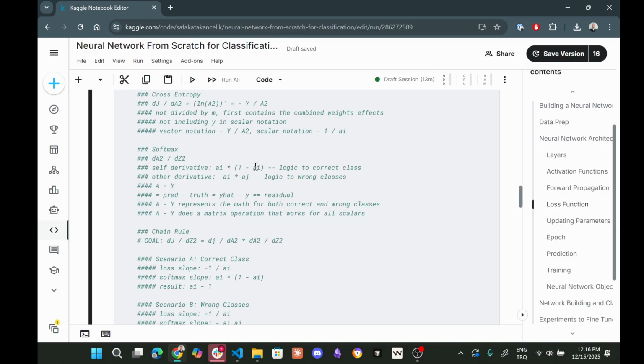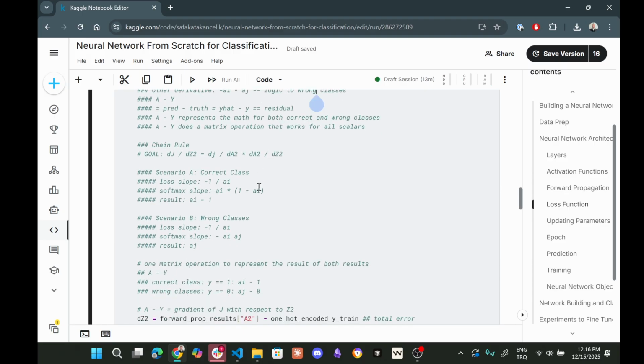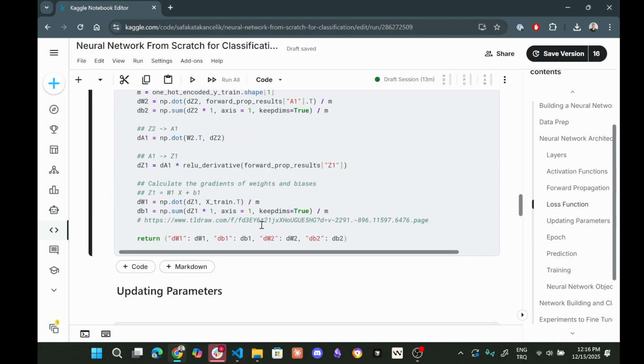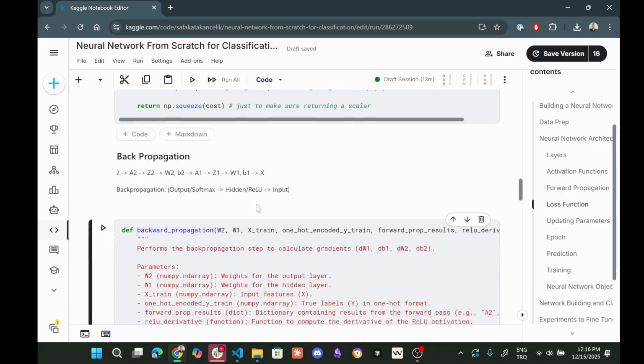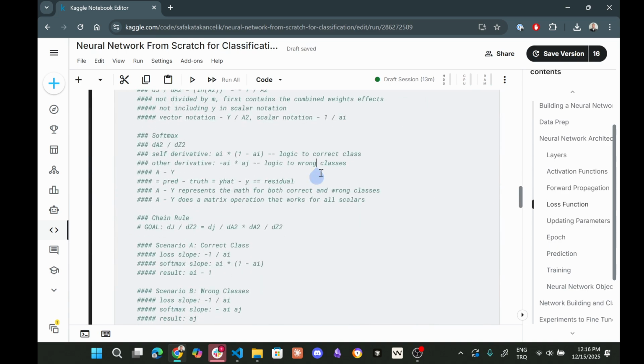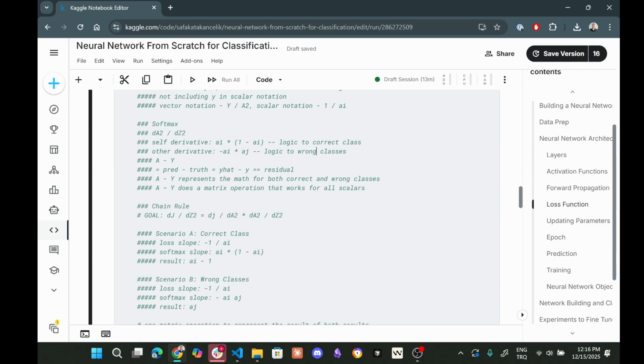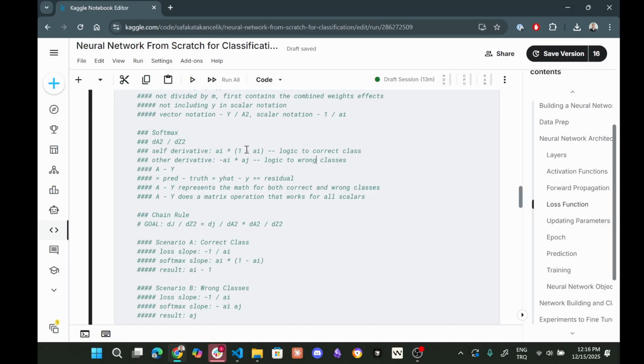When I run the math, and it's not too hard, some notes are here as I said, and you can do it. Maybe I don't even need to go into details of it here, but simply for the true class I get this, and for the others I get minus AI and AJ.